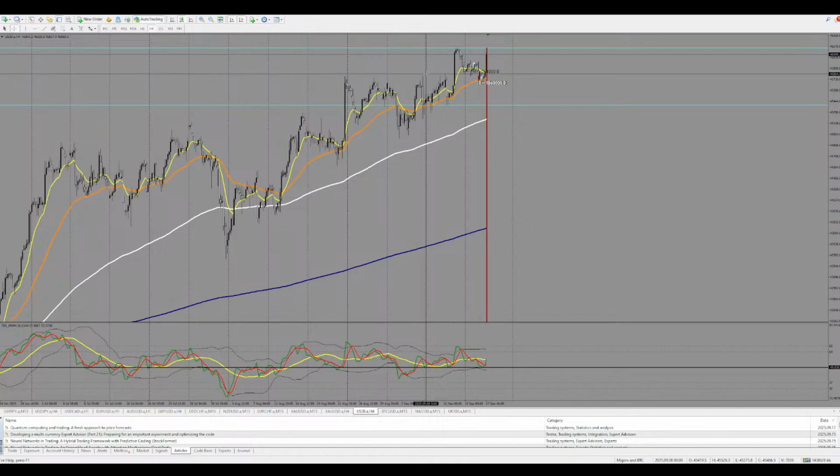The point from which it came so that it can break through that level is this point. So this makes this the higher low, and then it makes this the higher high.